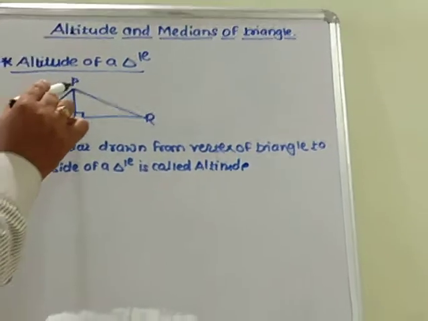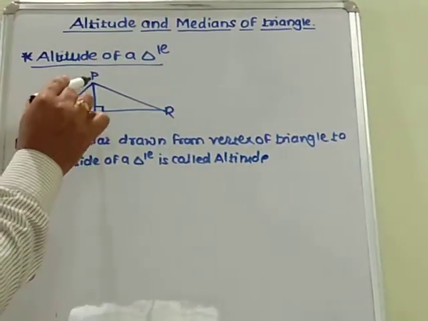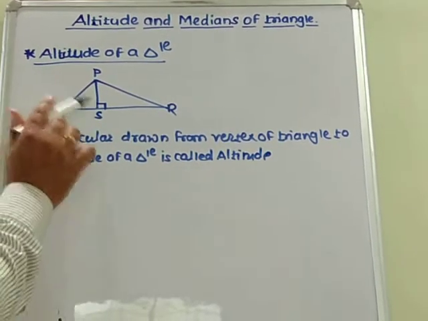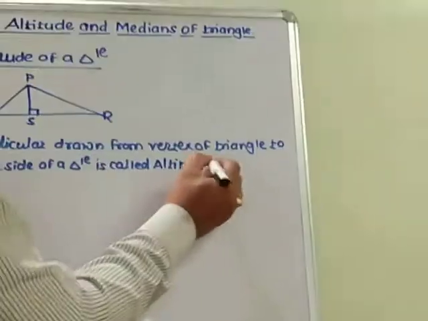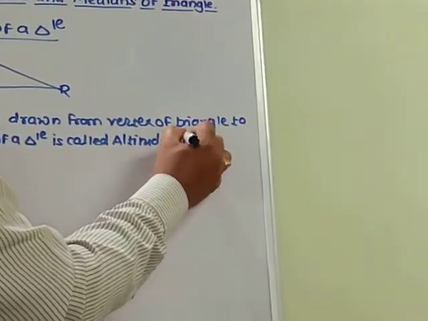A perpendicular drawn from the vertex of the triangle to the opposite side, that is called the altitude of the triangle.